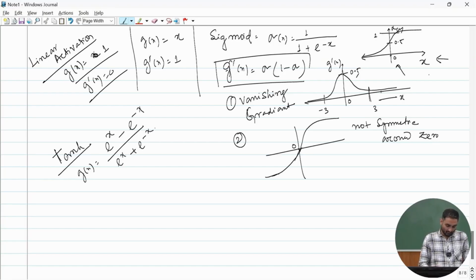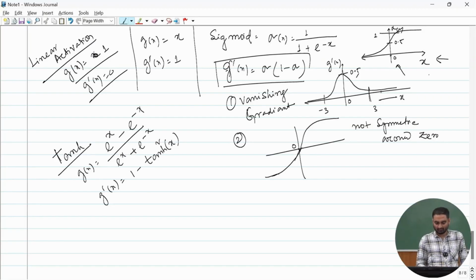Okay, and the derivative of this g of x is essentially 1 minus tanh squared x. Here also you don't need to explicitly compute the gradient.